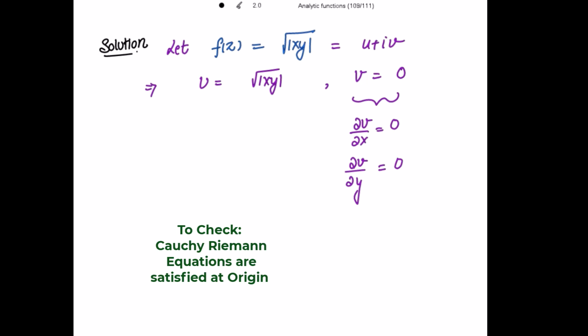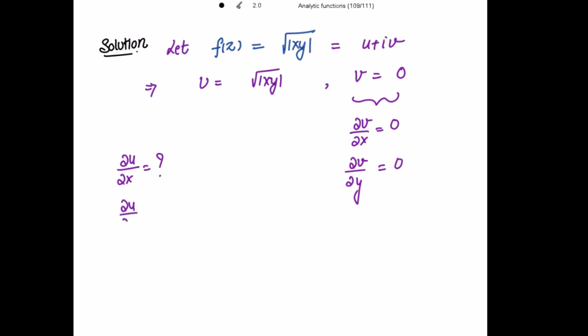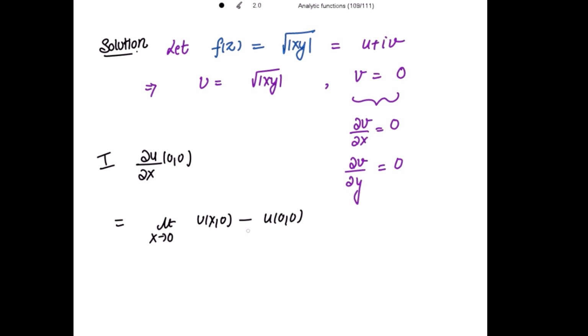First we are going to check whether the Cauchy Riemann equations are satisfied at the origin or not. So for that, let's find the derivative of u with respect to x and also with respect to y, so that we can apply the Cauchy Riemann equations. First, the partial derivative of u with respect to x at the origin is equal to limit x tends to 0 of [u(x,0) minus u(0,0)] divided by x.